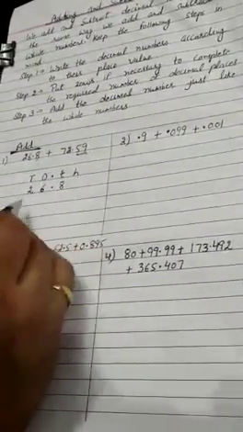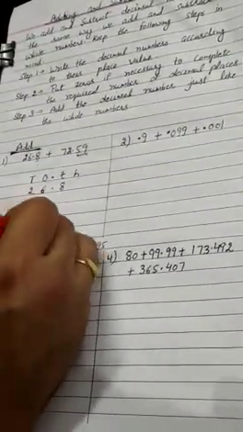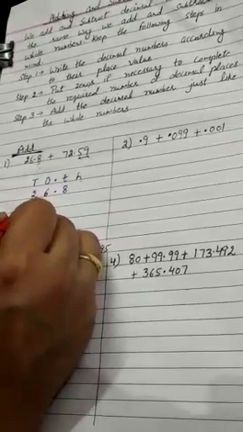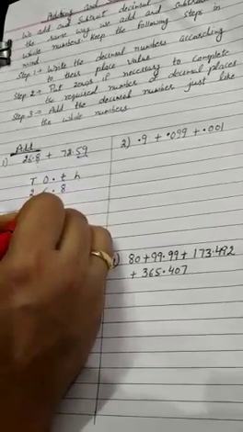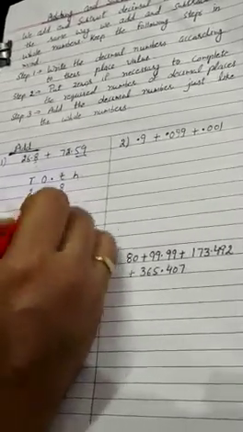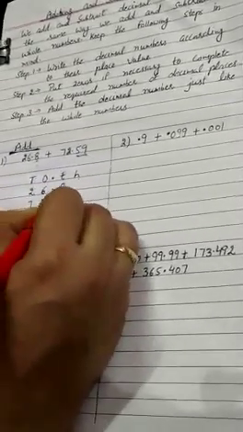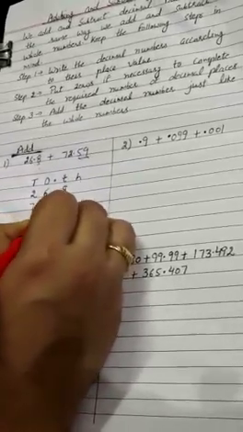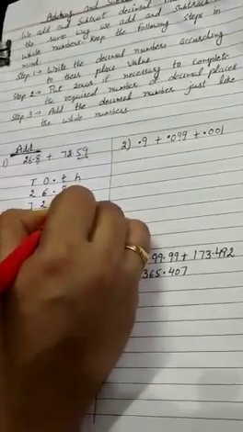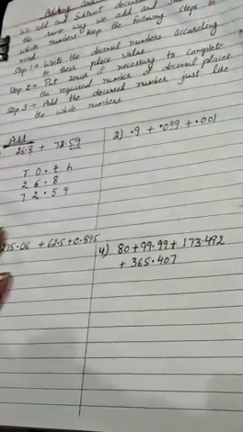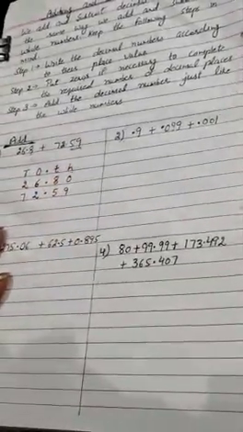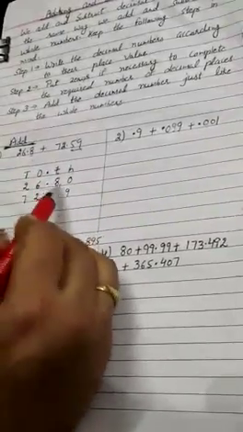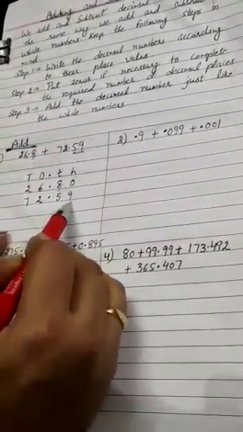We write 7 under the 2, because 7 is at the tens place and this 2 is at the ones place. Now put the decimal point. 5 is at the tenth place and 9 is at the hundredth place. Now put 0 to make them like decimals. Now this is in 2 decimal places and this is also in 2 decimal places.